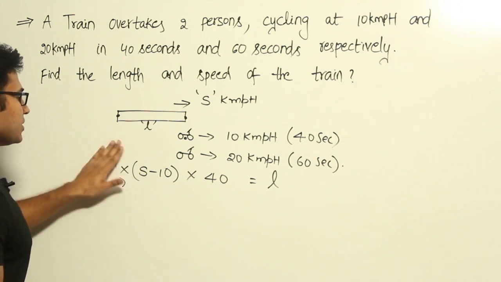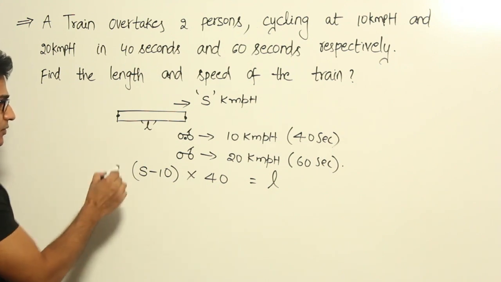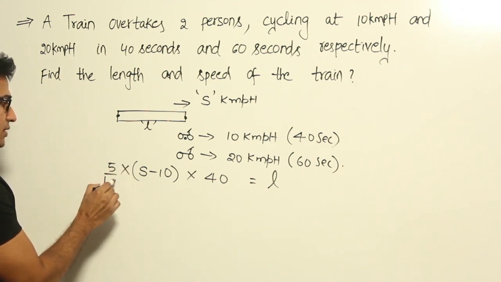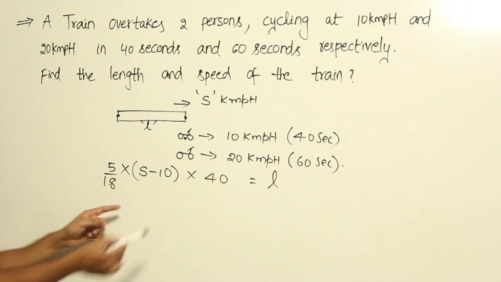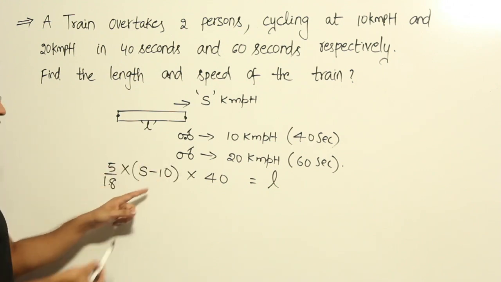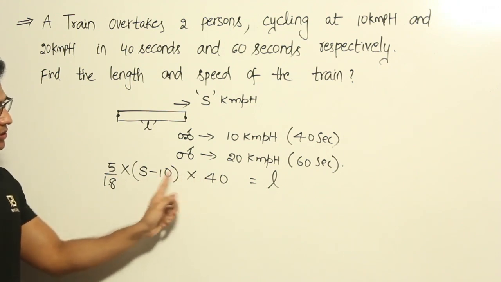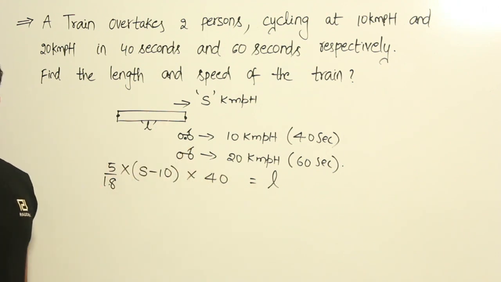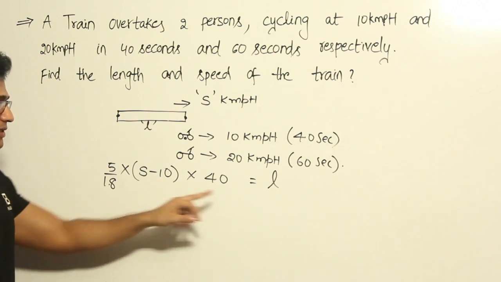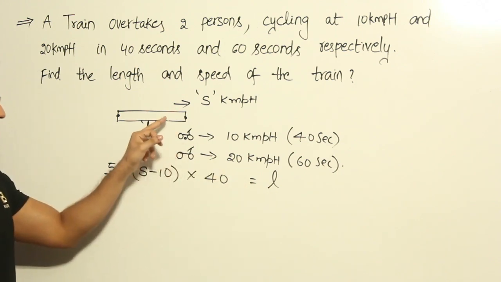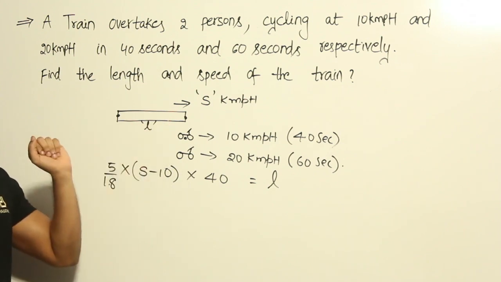You can do anything. Let me multiply it with 5 by 18. Then this entire kilometers per hour is going to get converted to meters per second, and now this is seconds. When I multiply these two, I will get the length of the train in meters. Got it? This is the length of the train when comparing the train with the first cycle.